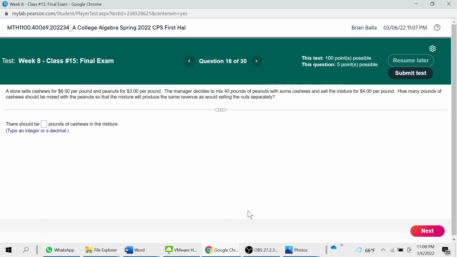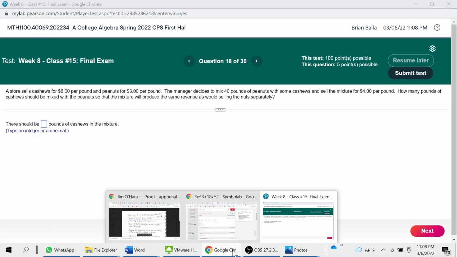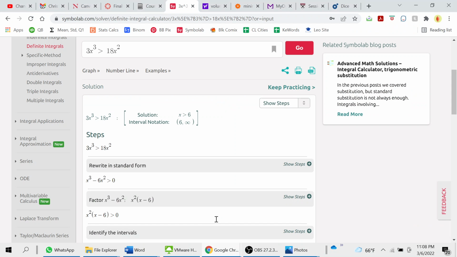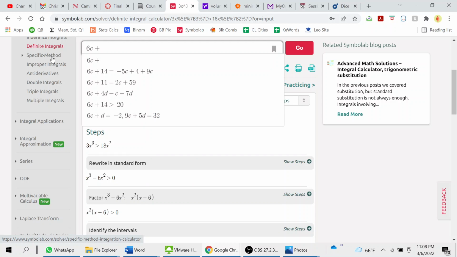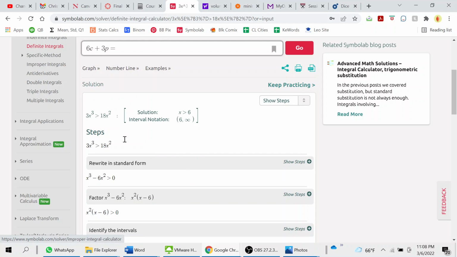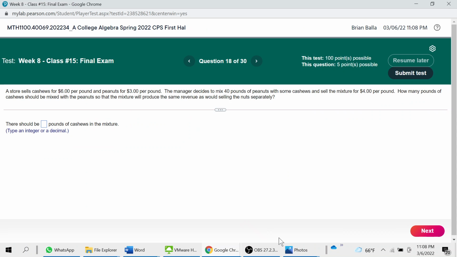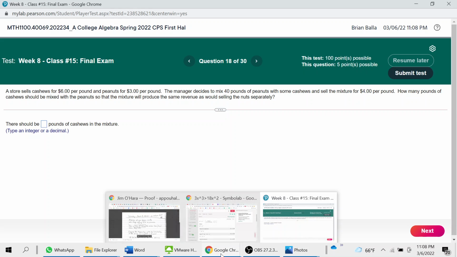Storage sells cashews for $6 per pound and peanuts for $3 per pound. Okay, C and P. So C is cashews, P is peanuts.